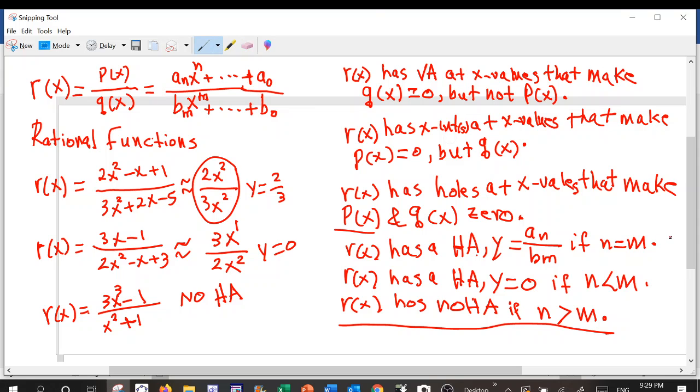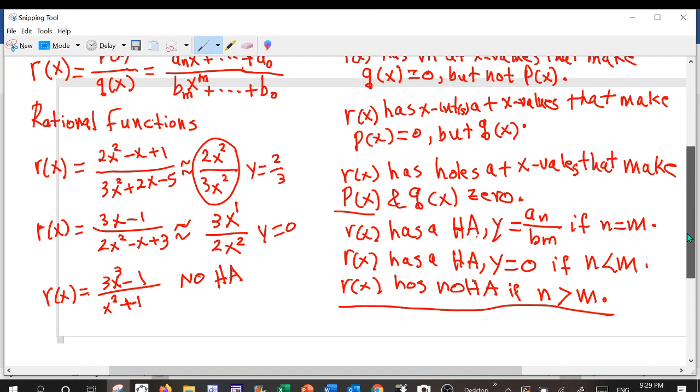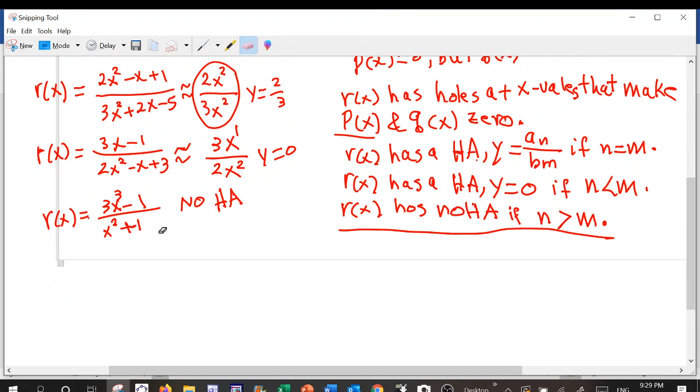Now what happens at infinity for this function if the degree of the numerator is bigger than the denominator? You're going to get one of these: either a slanted line, or a quadratic, or a cubic, and so forth. So the behavior of R of x is going to look like a polynomial, basically.